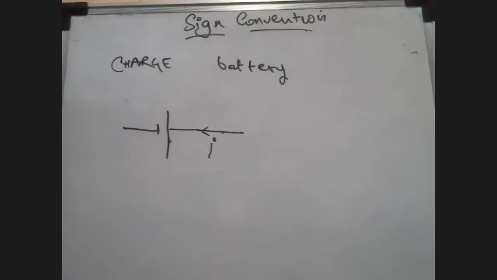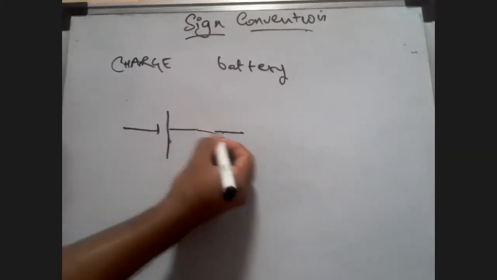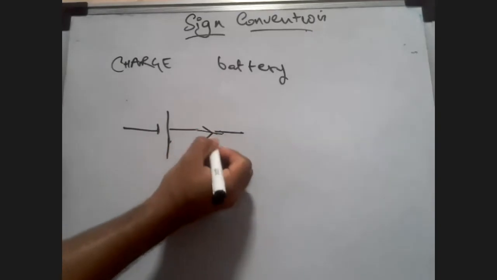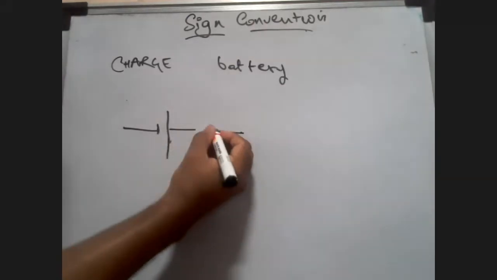I'm just saying that when we talk about a discharging battery, the battery will be delivering current. And when we talk about a charging battery, the battery will be accepting current.